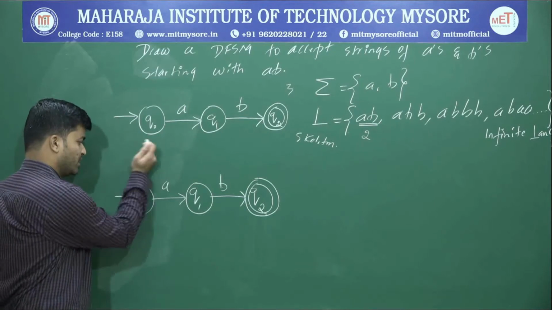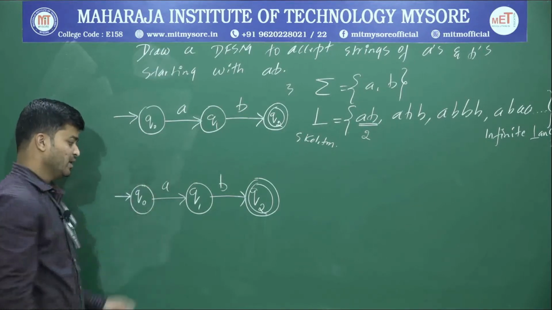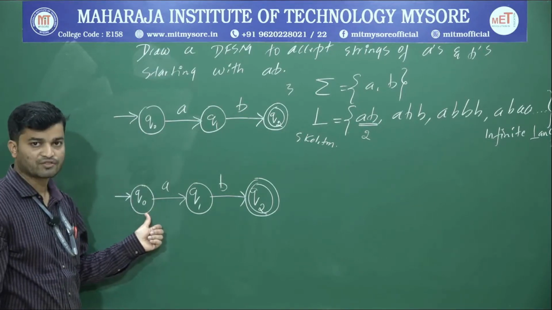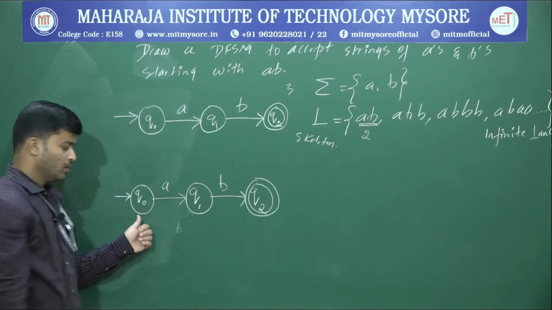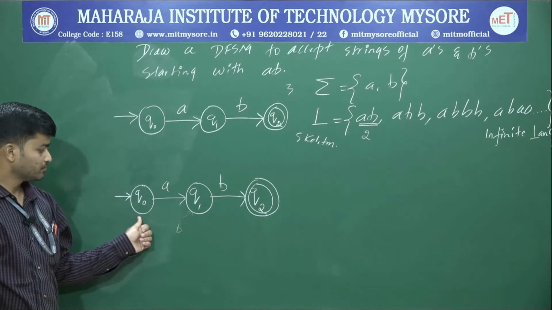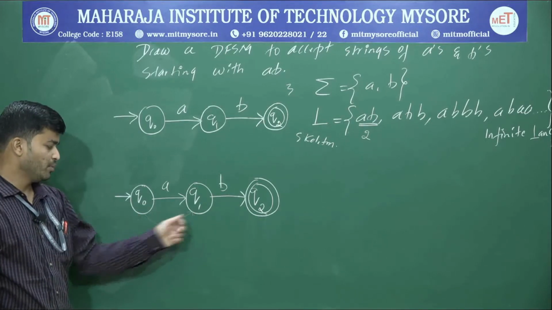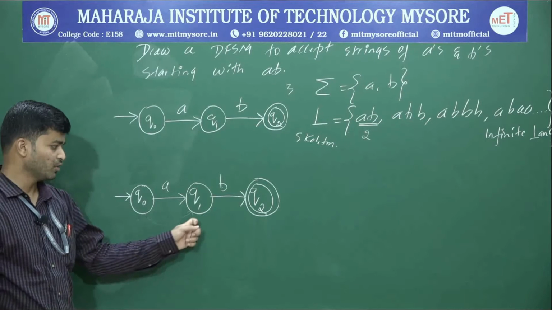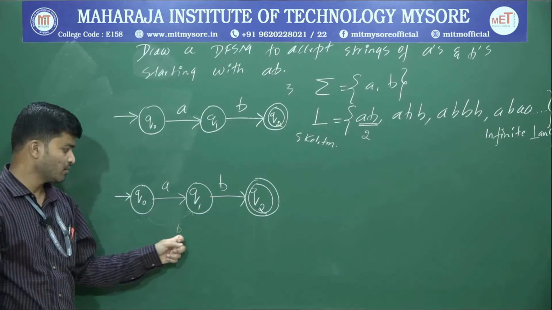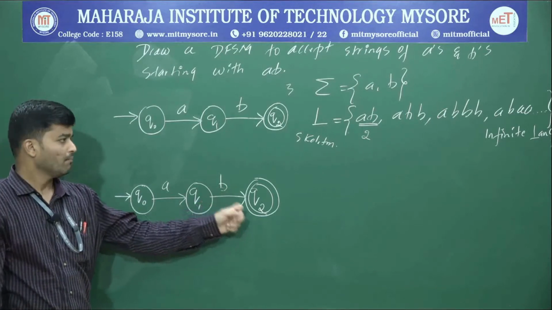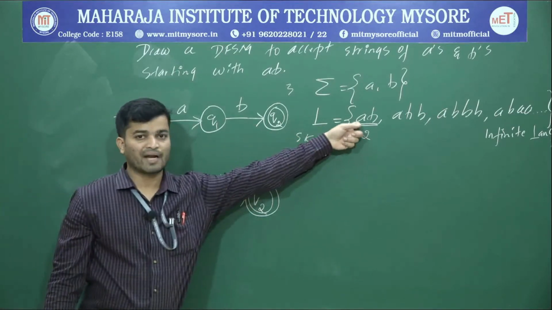If a loop is not a valid option, next try to connect with the next nearest state. For Q0, the next nearest state is Q1. If I connect here upon B, the string will start with B, then one more B, and that will be accepted. It will accept B, BB, but that does not belong to our language.